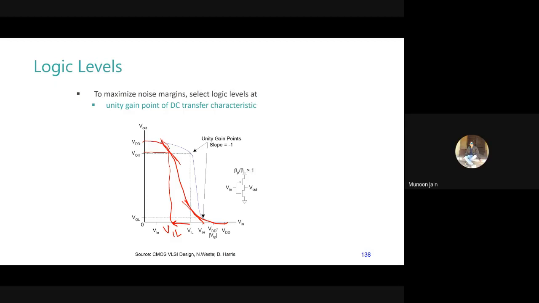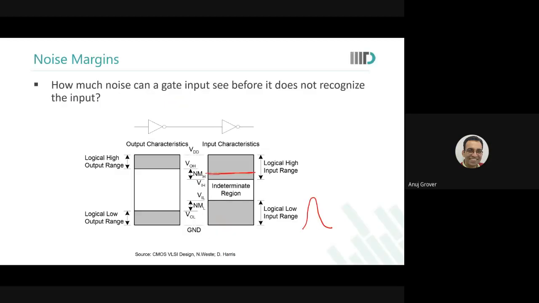Now, let us say this is the new value. When this glitch comes, you can expect the output to start to go low below this range now.